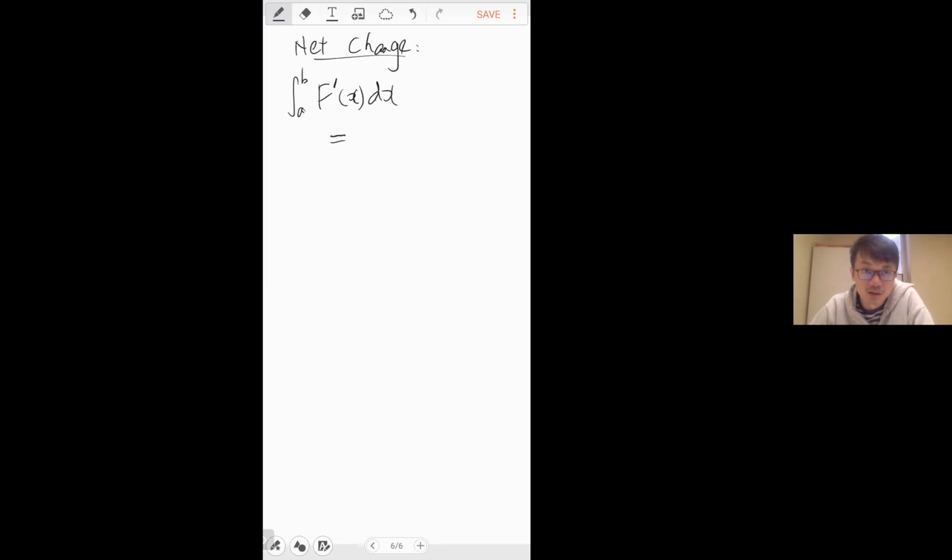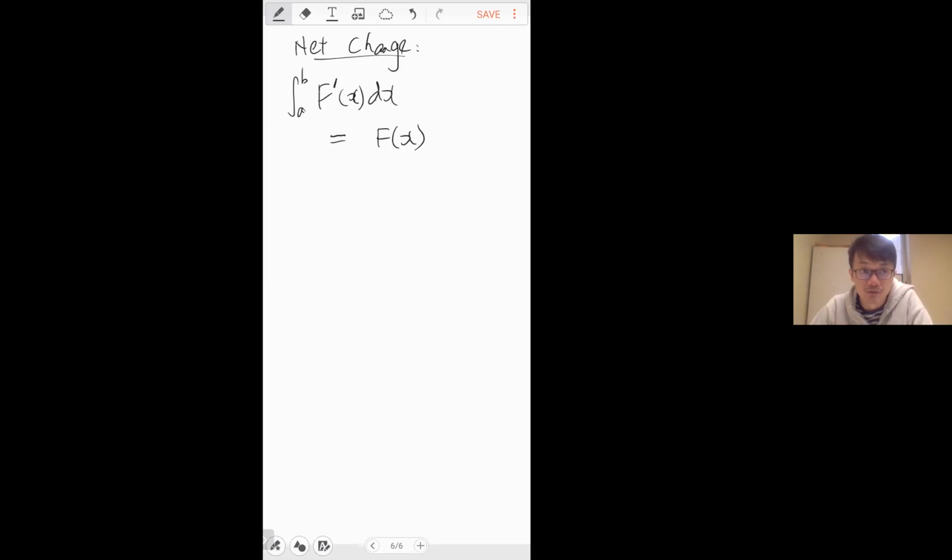So what do you think that's going to be? So in order to compute this, I need to find the antiderivative of f prime of x. What is the antiderivative of f prime of x? It's just f of x.